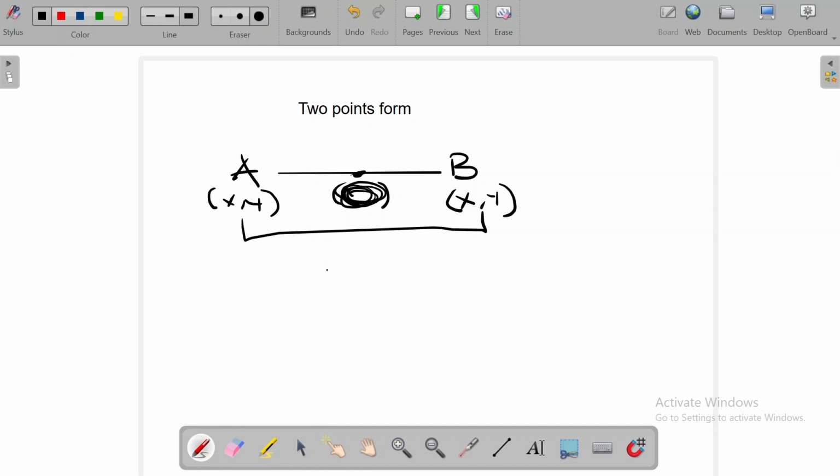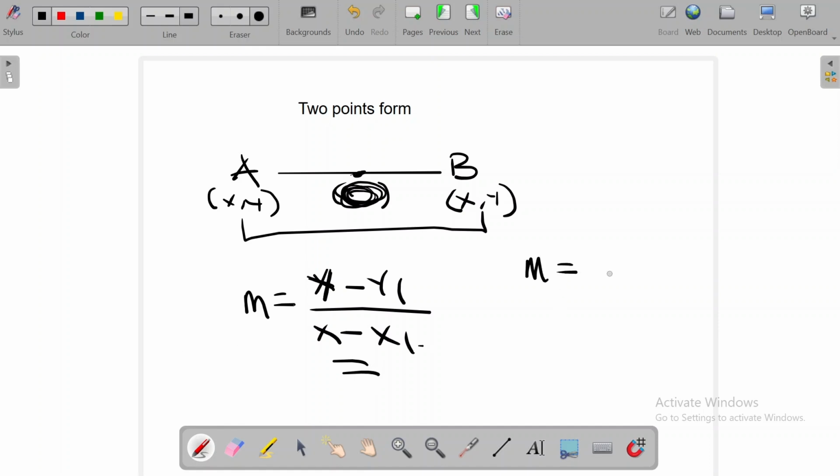Recall we said m is equal to (y minus y1) over (x minus x1), the formula we just used now. And we also know that m is equal to (y2 minus y1) over (x2 minus x1).